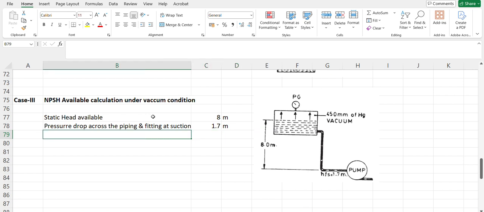And you are aware of what parameters are required to calculate NPSH available.